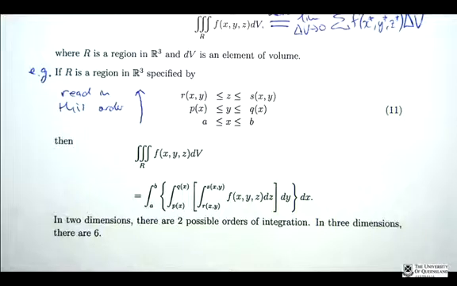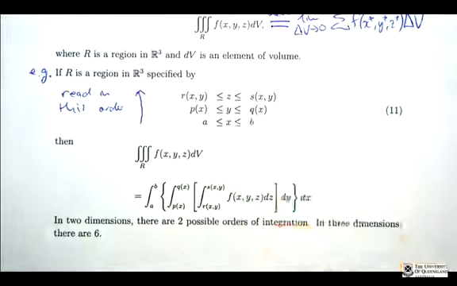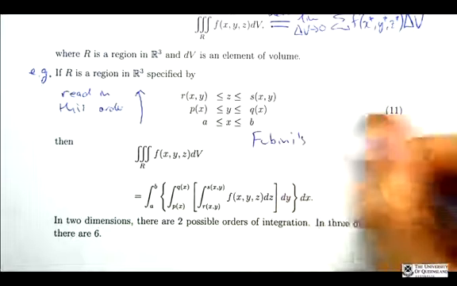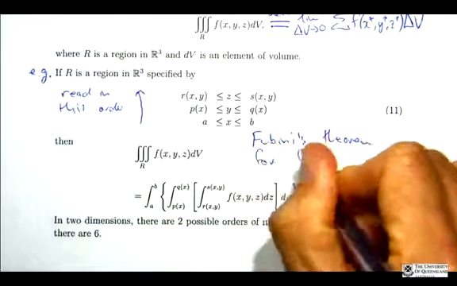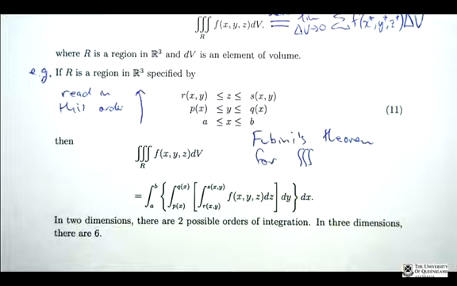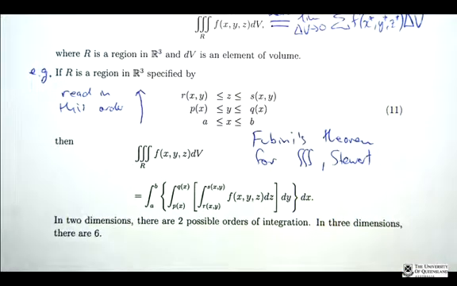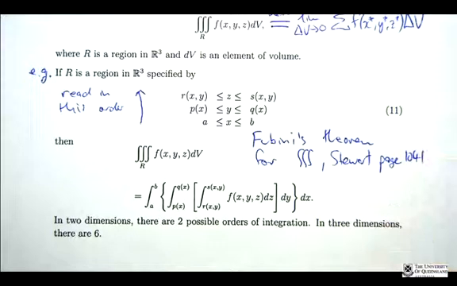All right? So there's Fubini's theorem for triple integrals, at least corresponding to one order of integration. I'll just mention that Fubini's theorem for triple integrals is given in Stewart on page 1041.